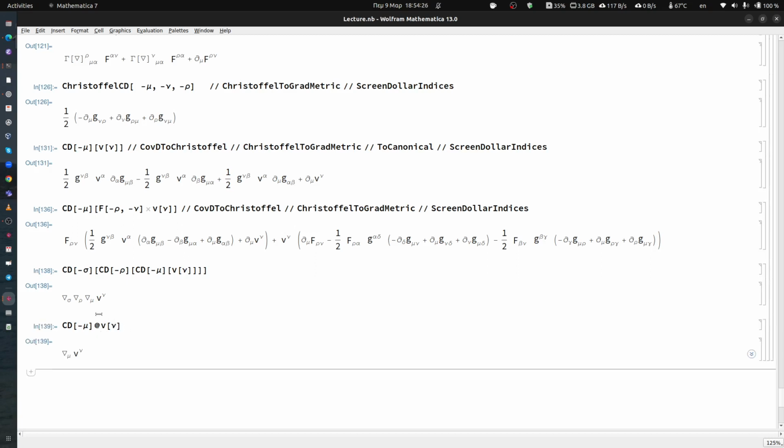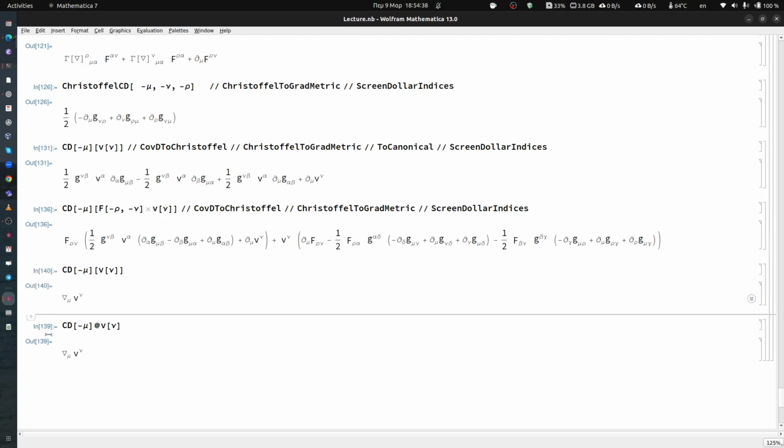So you see that this has the same effect as this. And then it is easier to write expressions with more derivatives because all we have to do is to apply this as many times as we want.